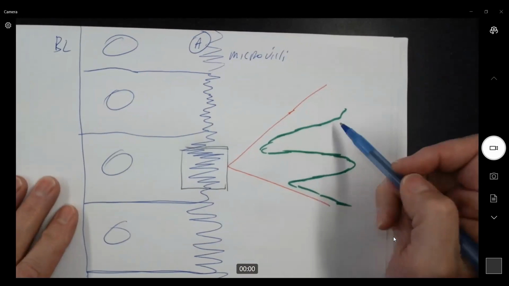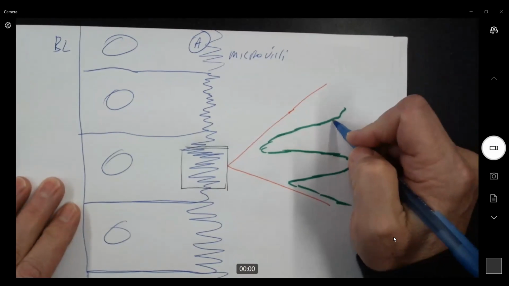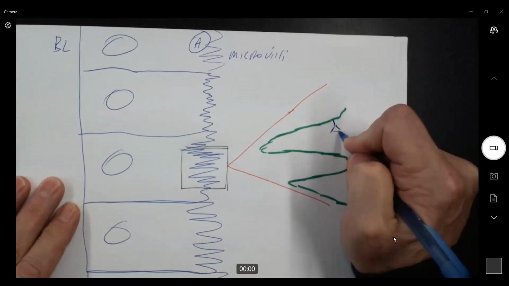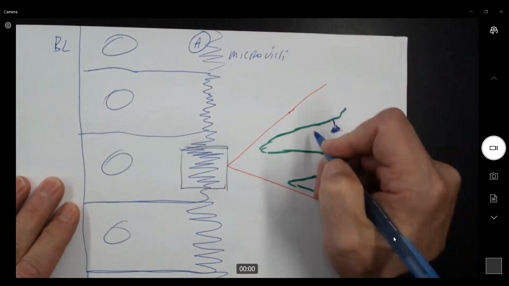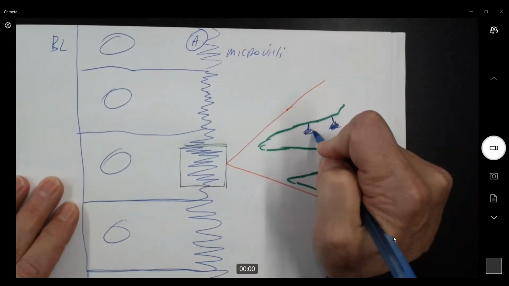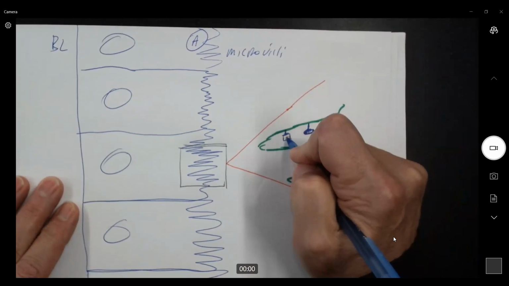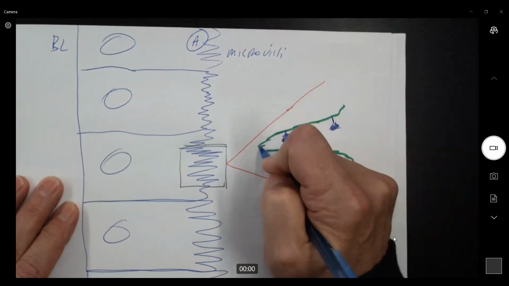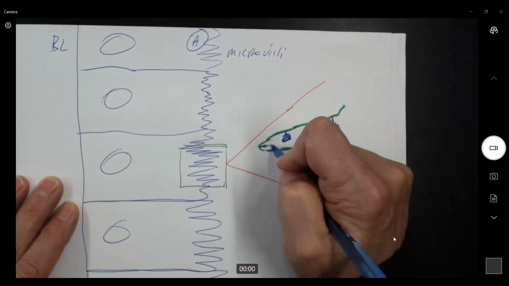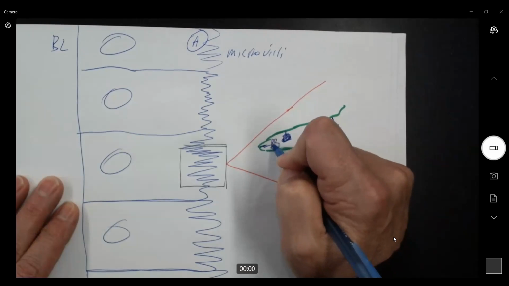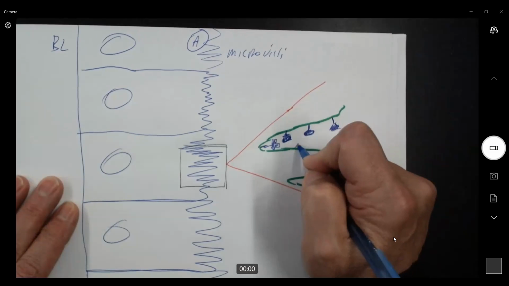All right, now attached to this, you have these enzymes that stick outside the membrane here, and what have you.